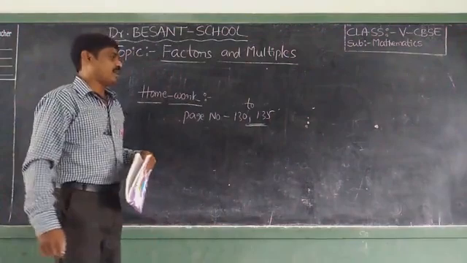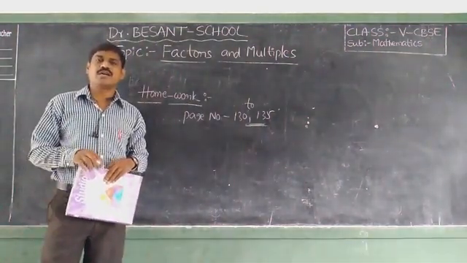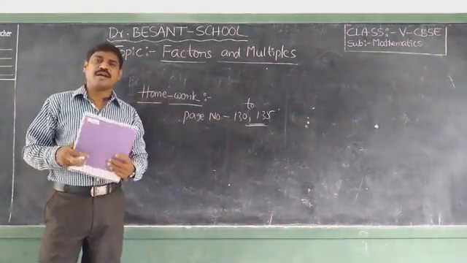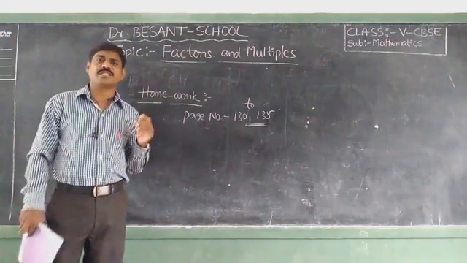The problems I have explained in these pages, you have to practice. Watch the video attentively, observe the PDF file, write in the studio book, and practice all these sums once again.